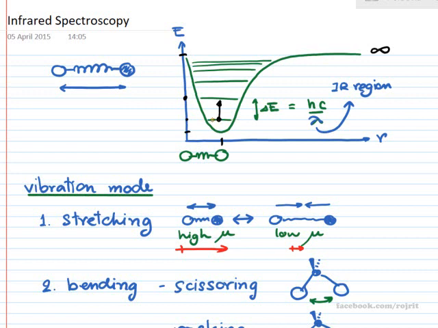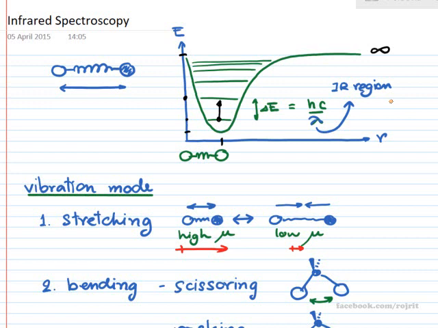If you excite it to the second level, it requires energy, and the frequency of stretching gets higher because the energy level is increasing. And this energy gap is in the IR region. So this is why we can use an IR photon in order to excite the vibration of a particular chemical bond.